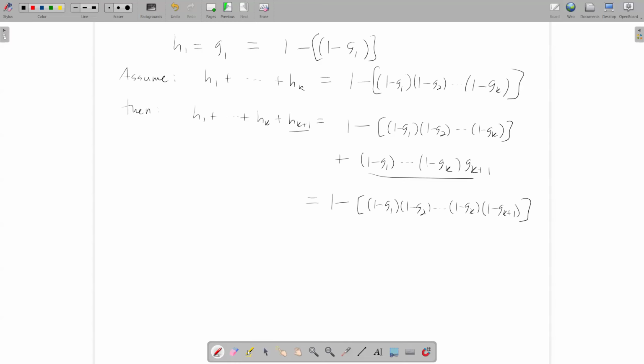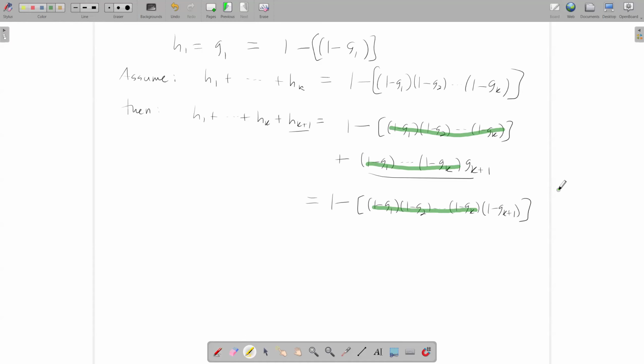So, basically, you can see this as a sort of coefficient here, right? And so here there's a minus 1 and here there's a gk. So if we do a double negative here, we get 1 minus g(k plus 1).